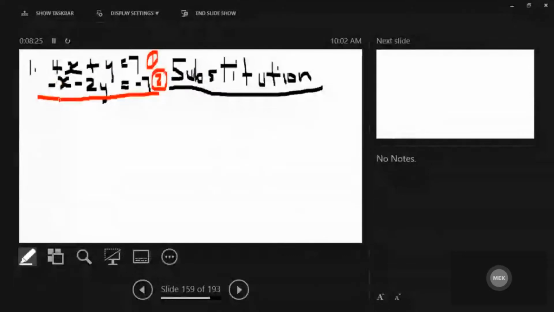So in this case, we could choose this equation and make y the subject of the equation, or we could choose the equation and make x the subject, since they both have variables with coefficient 1 or -1. I'm going to go with the positive variable.